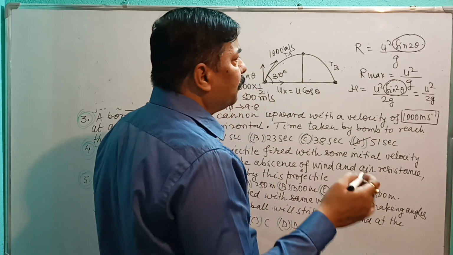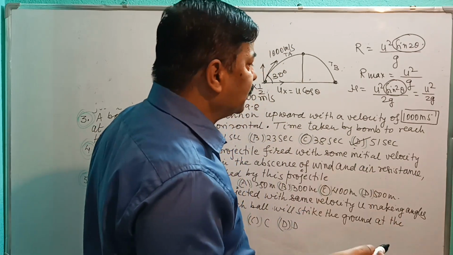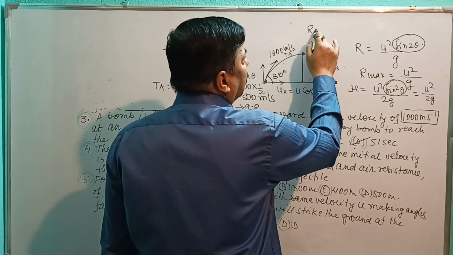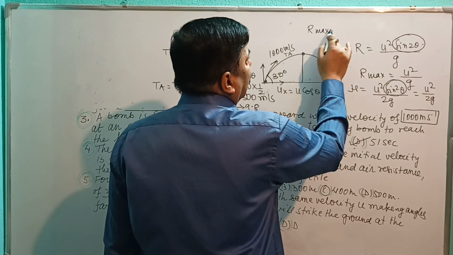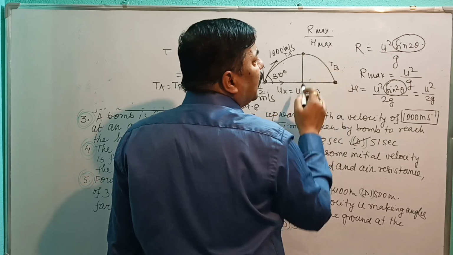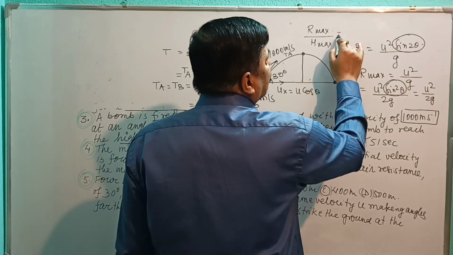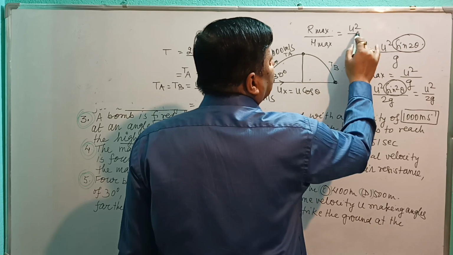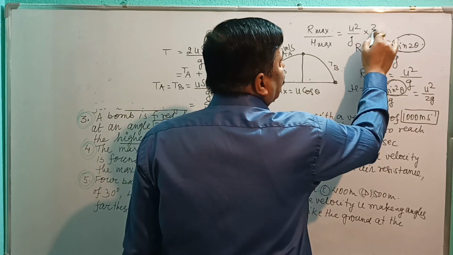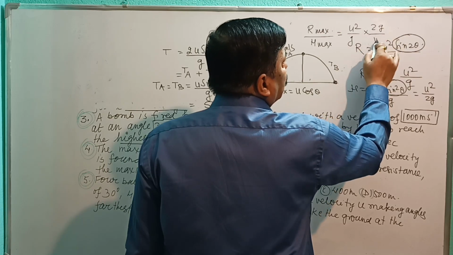So if we want to get the answer, it should be R max by H max. See, R max is U square by G. H max we can write as U square by 2G.